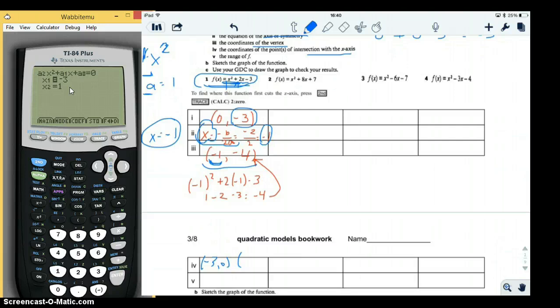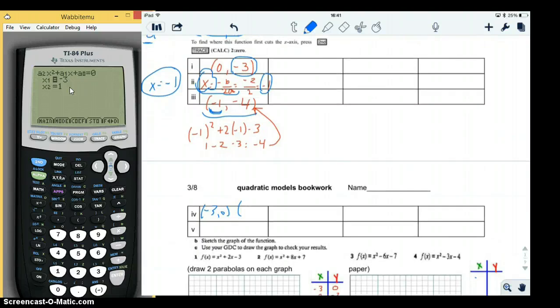And so we didn't figure out the second one, but from the graph we could kind of see it was 1. So we put those two. If we had gone ahead and done it with the graph, we would have seen the same thing. Remember, this is actually 1 comma 0.